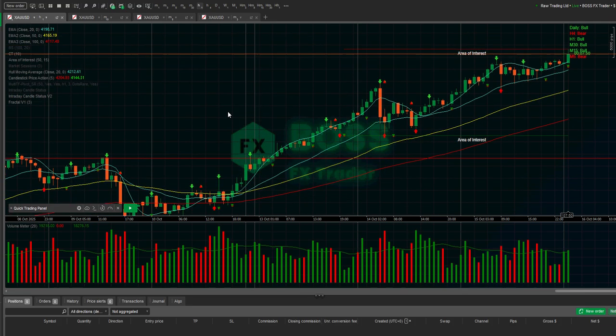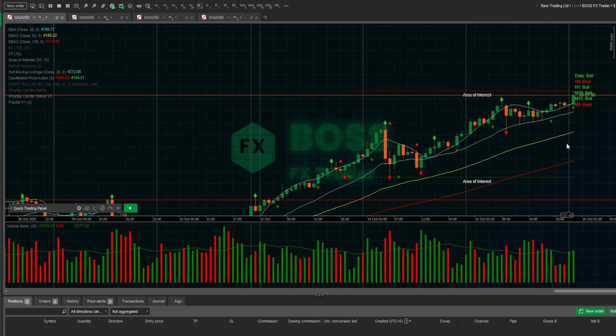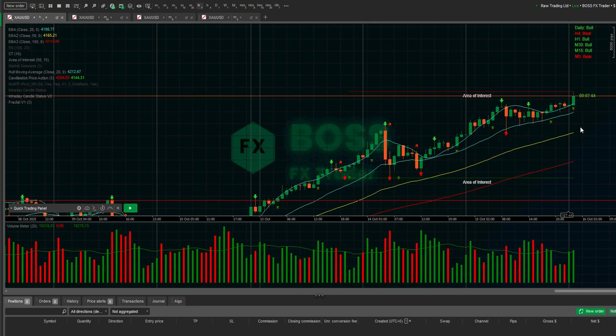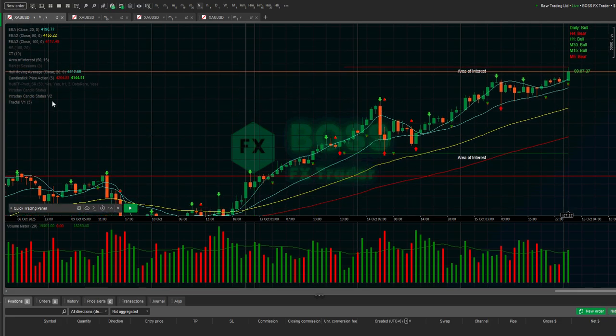Okay, so yeah, this is my tool here, and this is the process, guys, of how to use it. For our intraday, I have here the intraday candle status. So you can monitor already without switching to a different time frame.